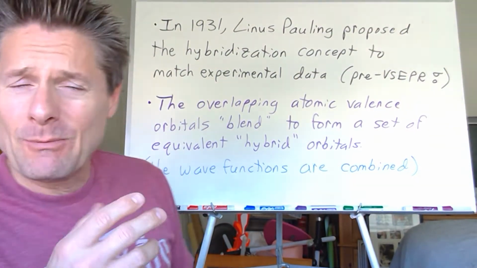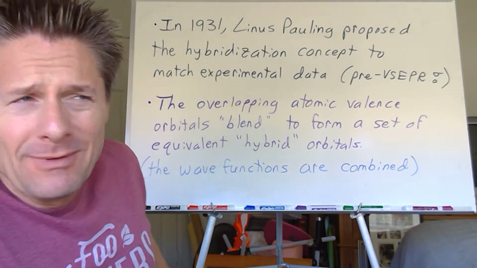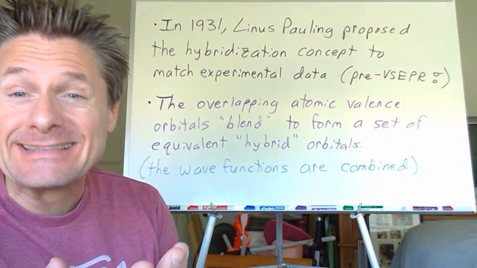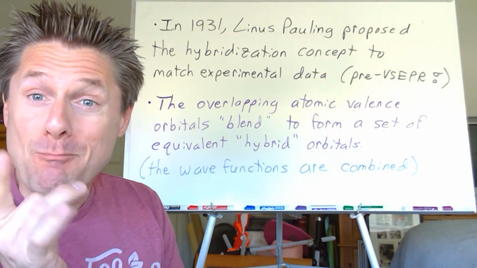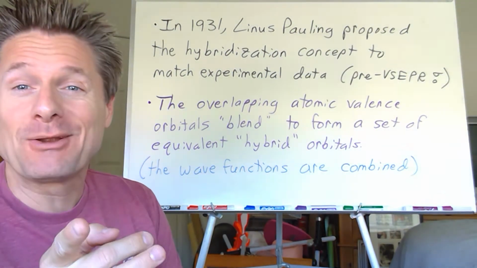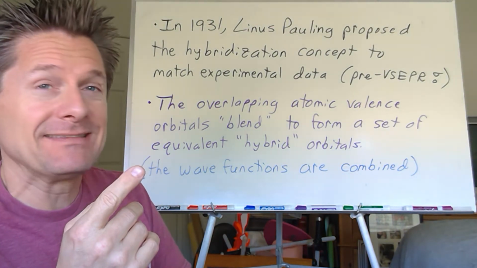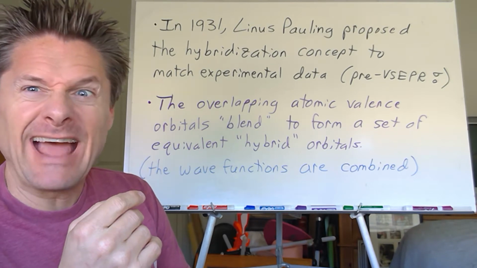So 1931, amazing. This is back in Depression-era days, at the beginning of the Great Depression. I mean, it's just insane. Linus Pauling, who I actually met when I was an undergraduate. It's just crazy. Back in the 80s, he was, I think, in his 90s or something.